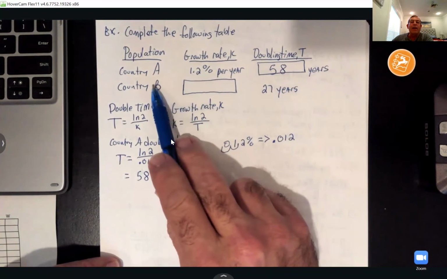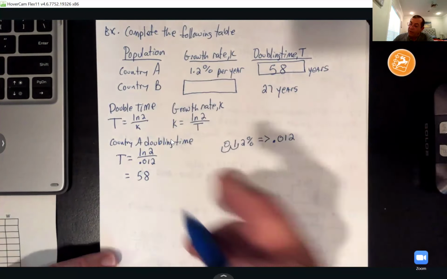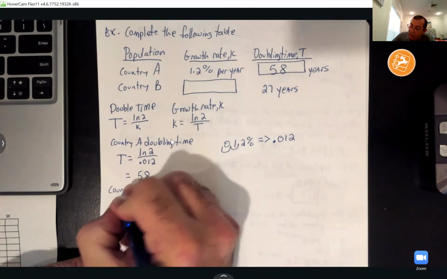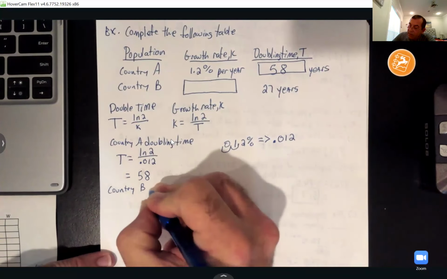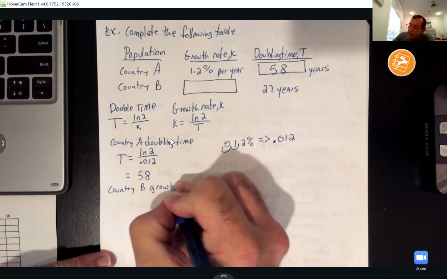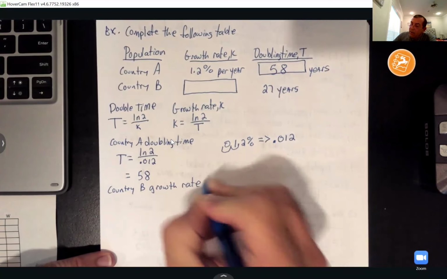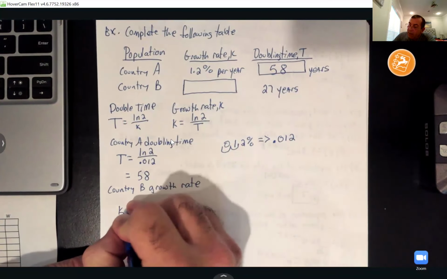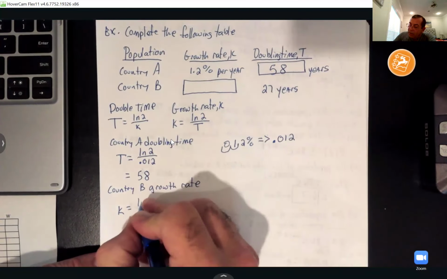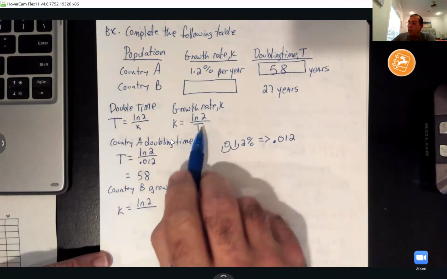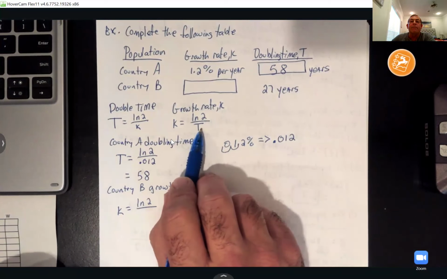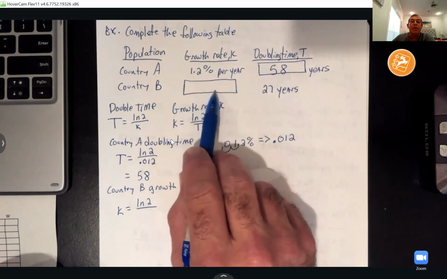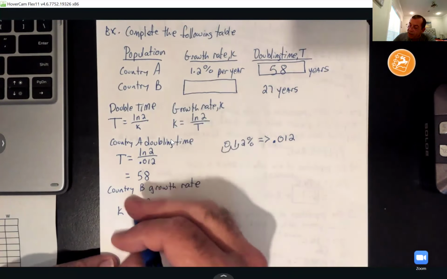So now we need to find country B's growth rate. Well, that's going to use the growth rate formula. K is going to equal ln of 2 over its doubling time. Well, we know the doubling time for country B was 27 years.